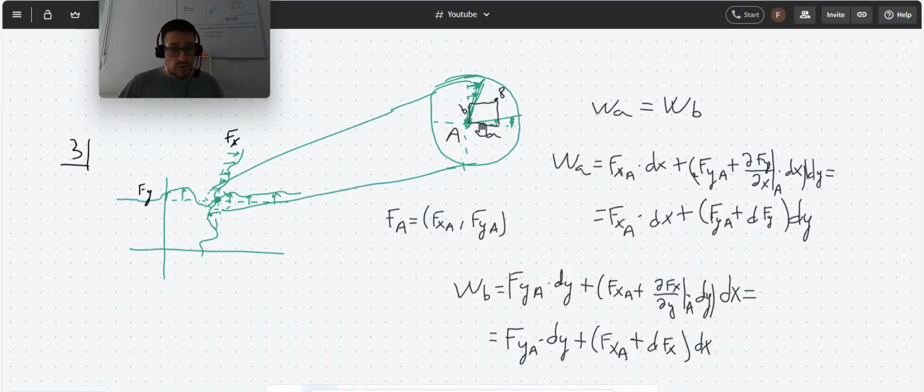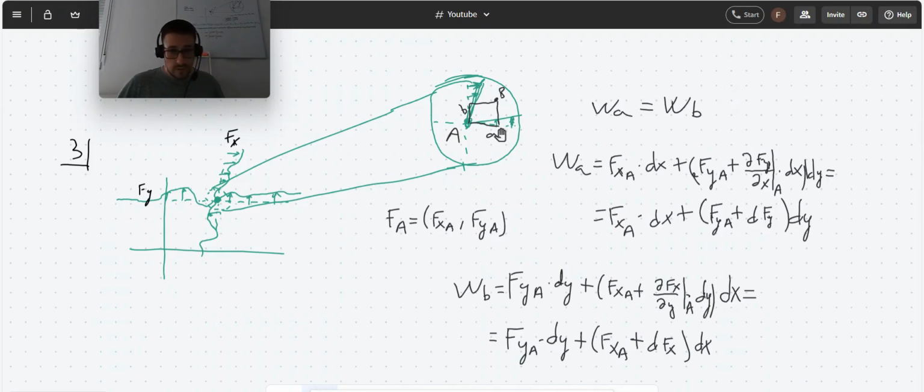And as we are moving to the right, some new force appears, but that new force is not in the x-axis, but in the y-axis. That is the reason why in this second term, the force that is actually doing the work for moving from that point to B is this one.